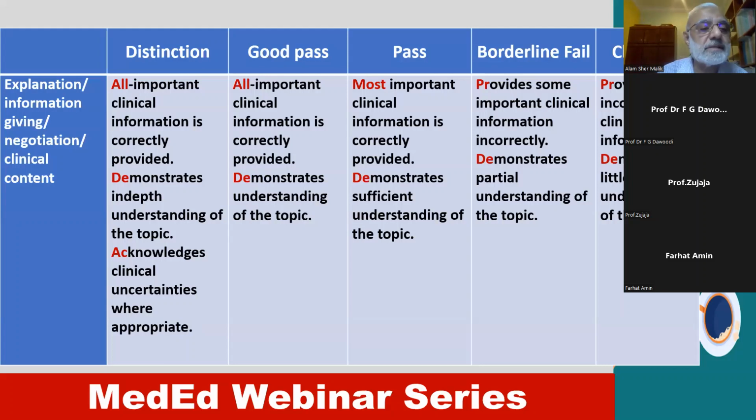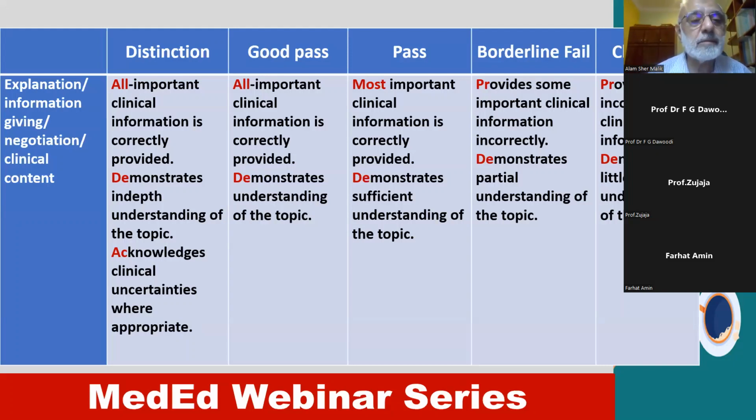This is an example about explanation or information given or negotiation. So the titles can be in percentage of marks or in distinction, good, pass, or borderline, fail, or clearly fail. And we can have the criteria for each category.